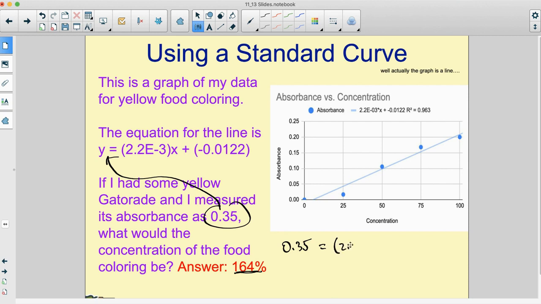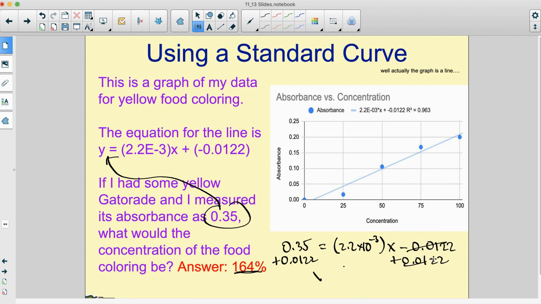So then we have 2.2 times 10 to the minus 3 times x, and then this is minus 0.0122. So I can just add 0.0122 to both sides, do my algebra, and then I can divide both sides by 2.2 times 10 to the minus 3 and solve for x.